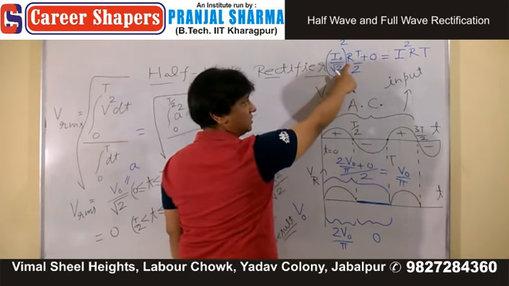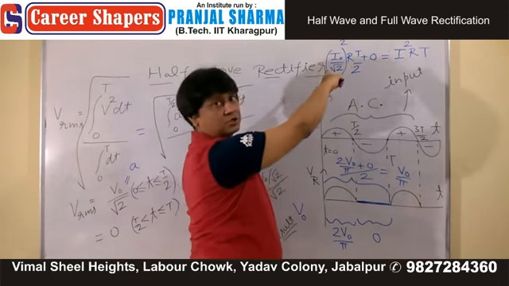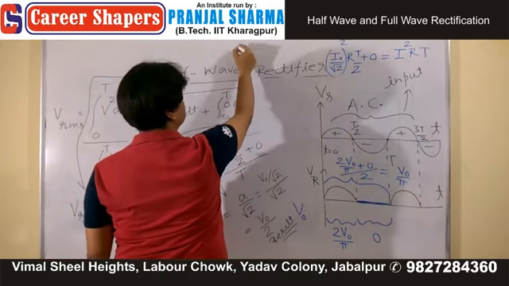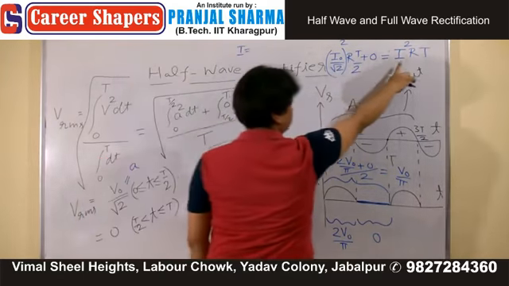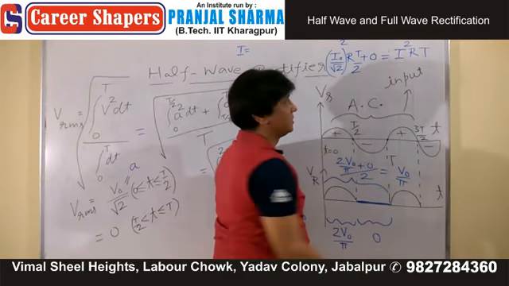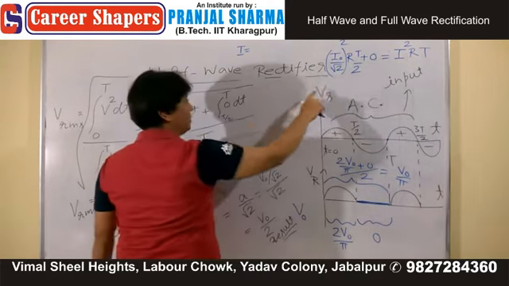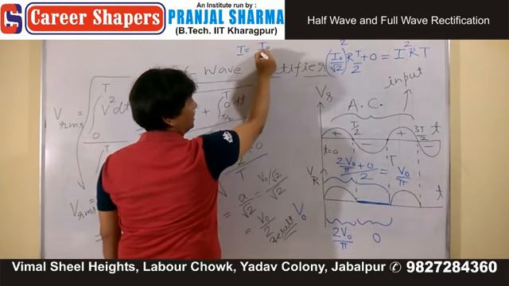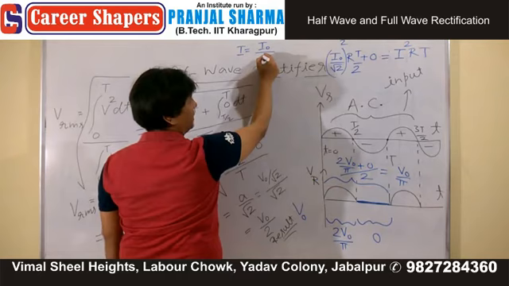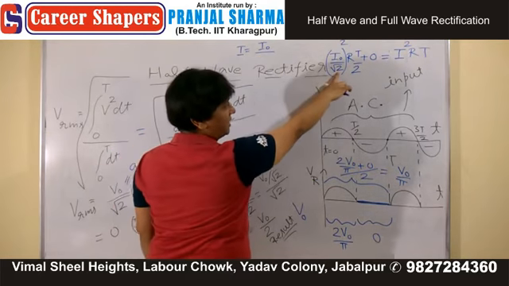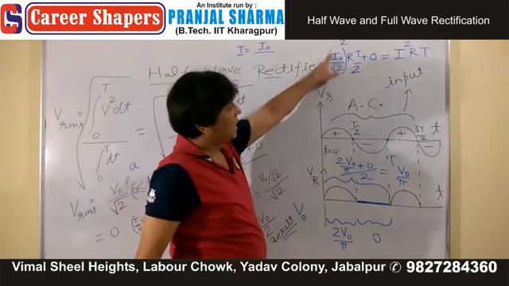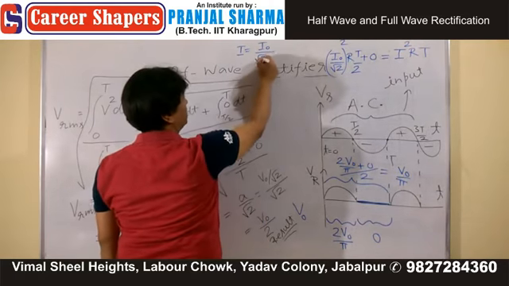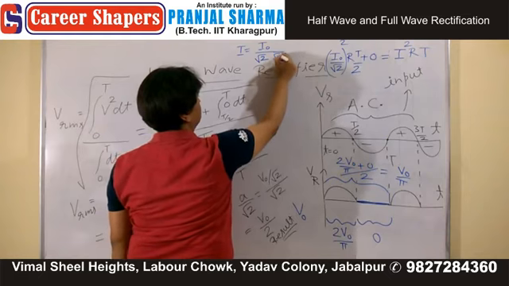RT cancel, square, and you get your I. This is what we need. RT and RT gone. This is I0 divided by, this will become 2, I0 upon 2, or make it 2 root 2 like this.